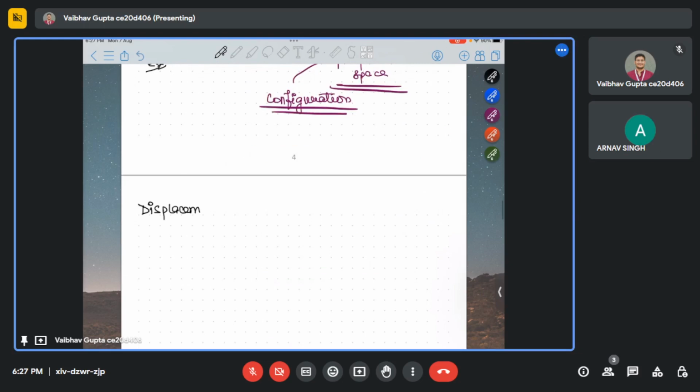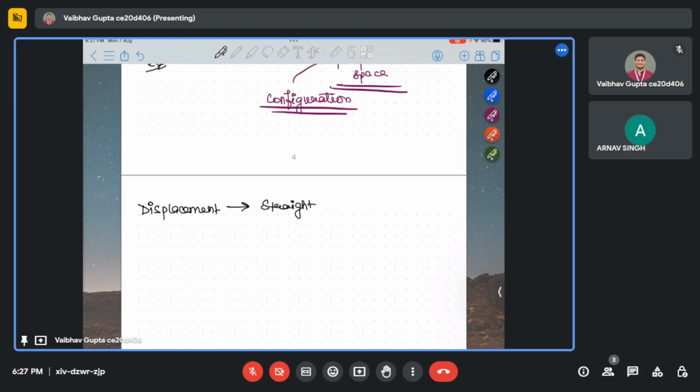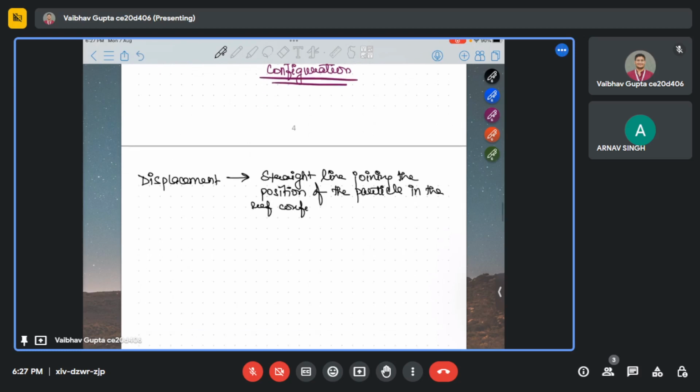It is nothing but a straight line joining the position of the particle in the reference configuration and current configuration. You know only reference and current configuration; these are the technical terms.